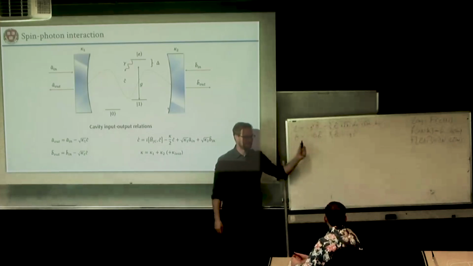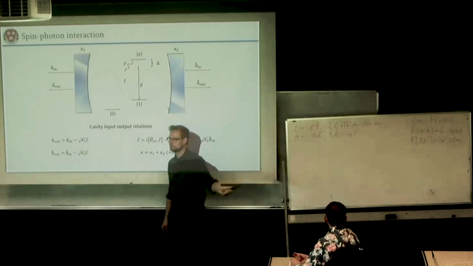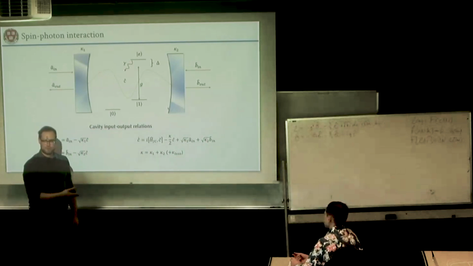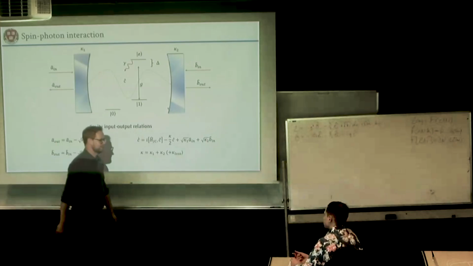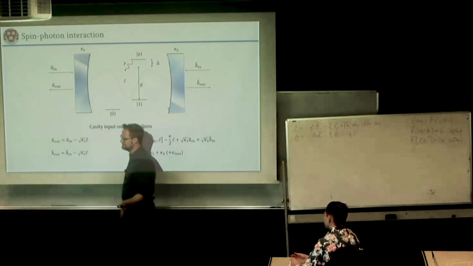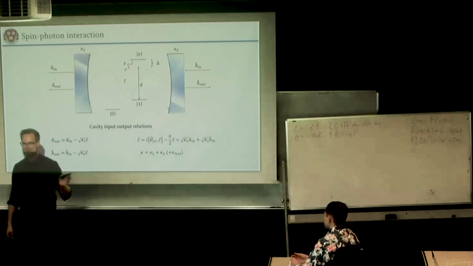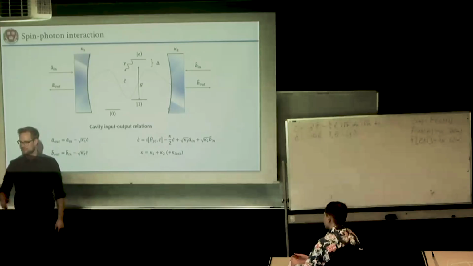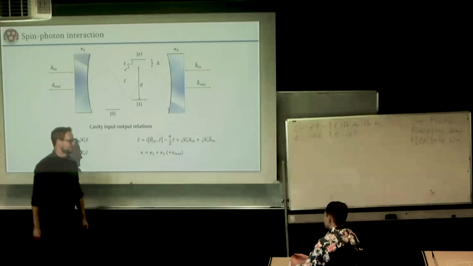We instead want a set of linear equations that we can solve very easily. That's what I mean by the linear regime. To do that, we have to assume it was one photon at a time, and that we had a more or less negligible population in the excited state. But that's a good thing.